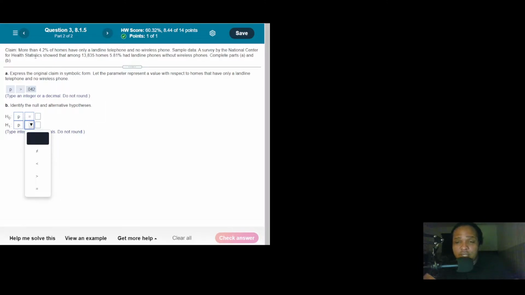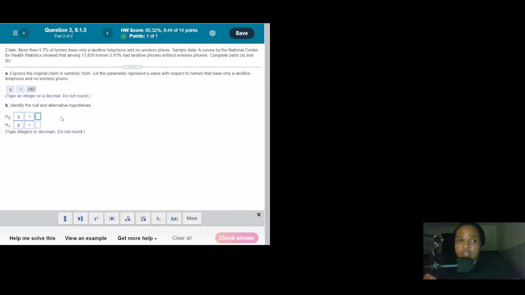H1 will agree with whatever your claim is. H0 will always be equals. So H1 is going to be greater than, just like the claim says, more than 4.2, so you better choose a greater than symbol. Whatever your claim number is from the previous step, you're going to put the same thing here. So we have 0.042, and that's it.